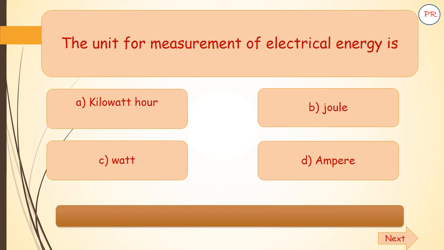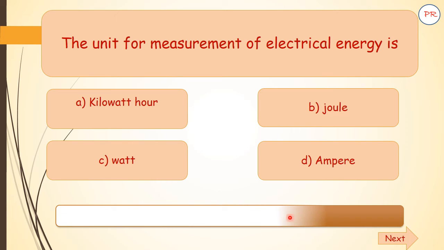The unit for measurement of electrical energy is A. kilowatt hour, B. joule, C. watt, D. ampere. Here is the time. And the correct answer is A. kilowatt hour. It means 1 kilowatt of power is used for 1 hour.